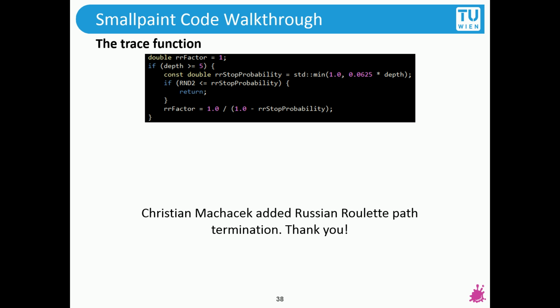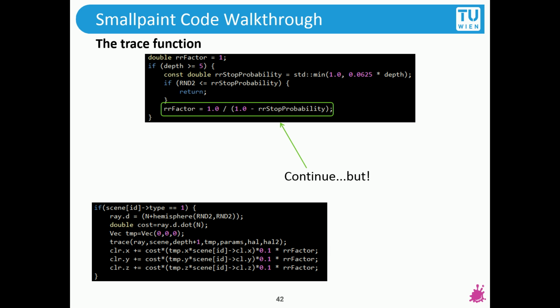So this was implemented by Christian Mahacek, and kind thanks. And you can see that later we are going to use this RR factor in order to multiply the contribution of a ray later.